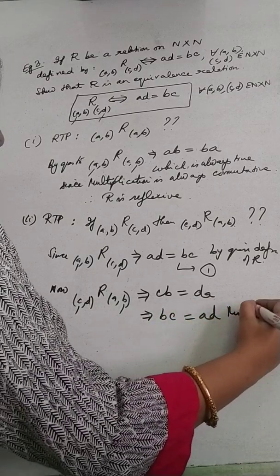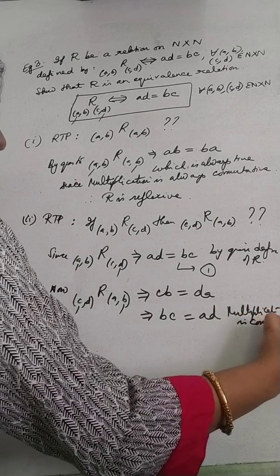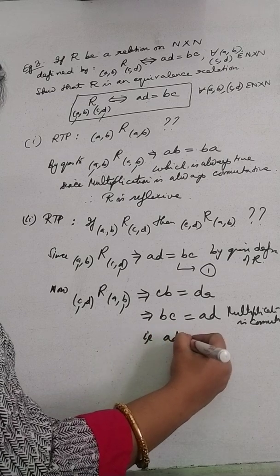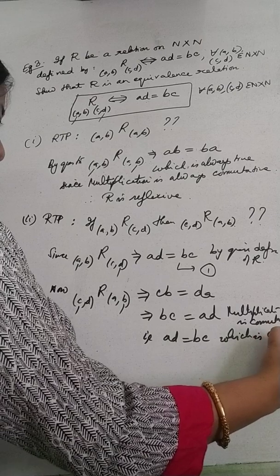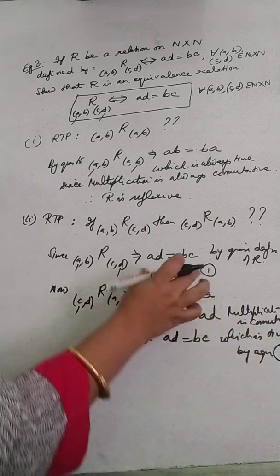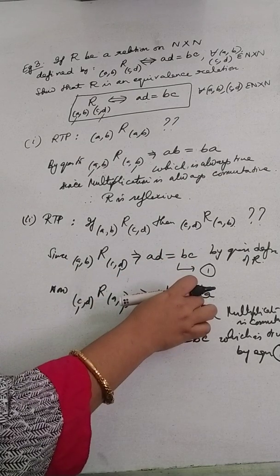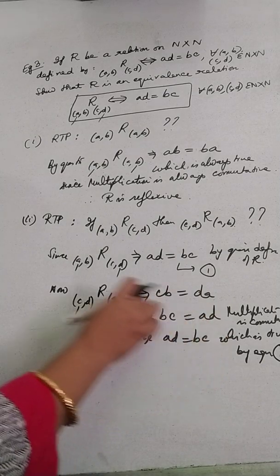and why? Because multiplication is commutative, and this in turn means that AD is equal to BC, which is true by equation 1. This is happening, and so if I assume that this is happening, then this is what I get, which in turn means that this is the same as this, so that means this is also happening.